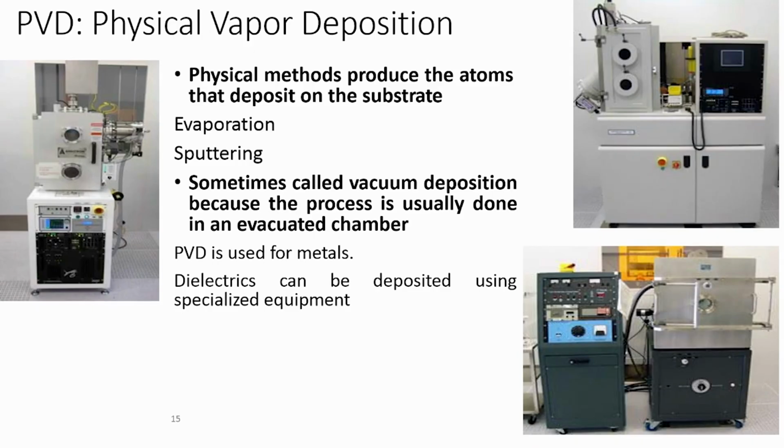Sometimes physical vapor deposition is also called vacuum deposition because the process is usually done in an evacuated chamber. PVD is used for metals in general, not limited to metals however, and dielectrics can be deposited using specialized equipment.